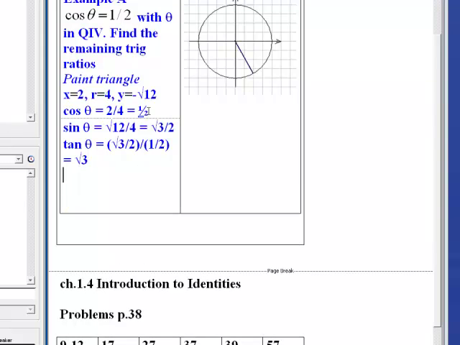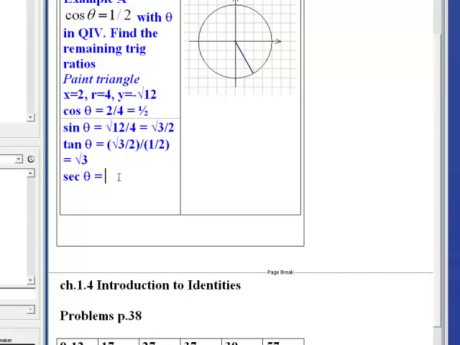And then we use the reciprocal identities, where we're saying, okay, the secant theta is the inverse of cosine theta, so it's 2/1, which of course is 2.